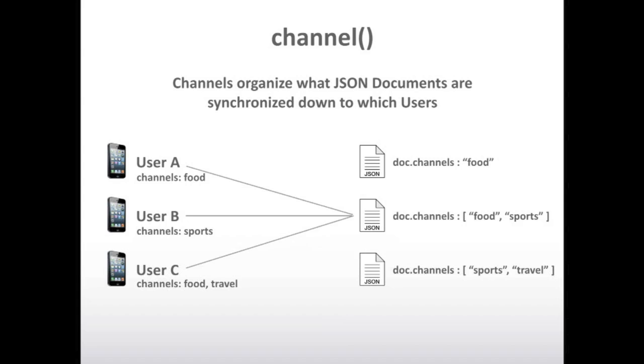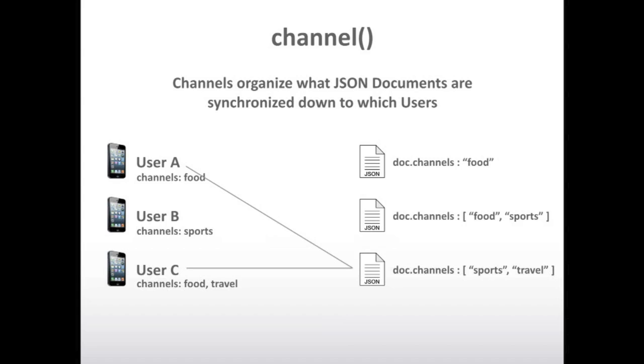The third document that user D creates is associated with sports and travel. Those arrows are wrong. It should go to user B and user C there. I'll have to fix that. Users B and C are associated with sports and travel, so that document will be synchronized to user B and C. So channels are a way of organizing synchronization of documents.